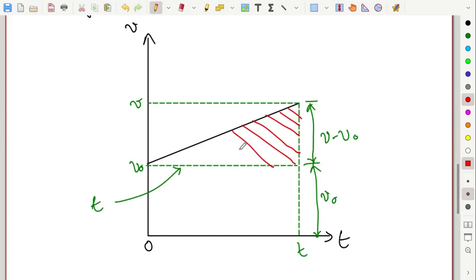One is the area of this triangle, and the area of the rectangle. Okay, so this blue shaded region is the area of the rectangle. So the whole shaded region gives the area under the curve.